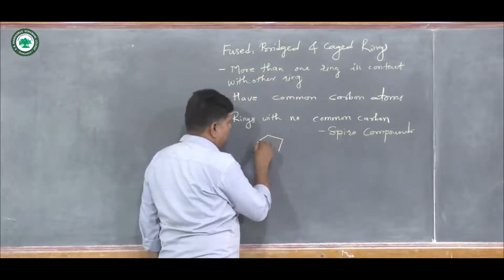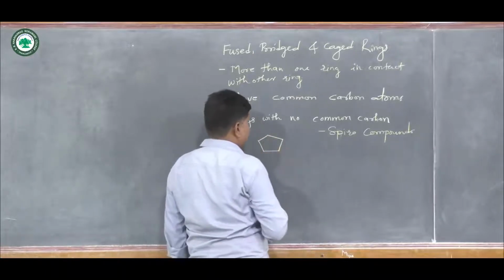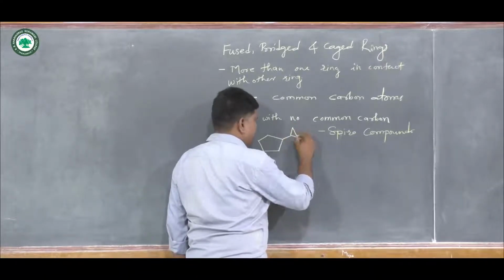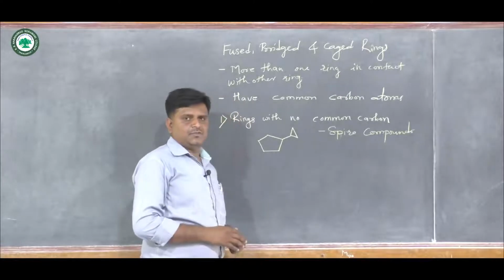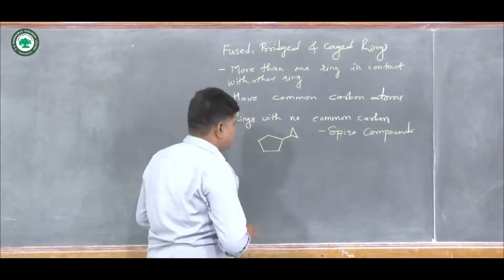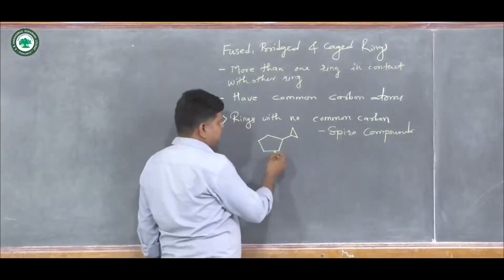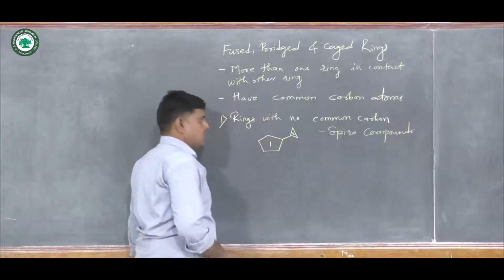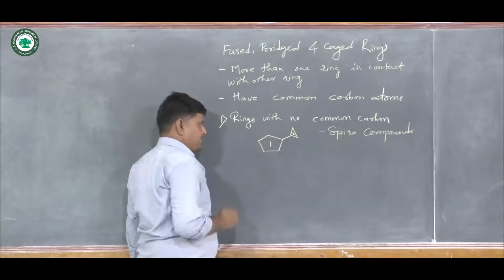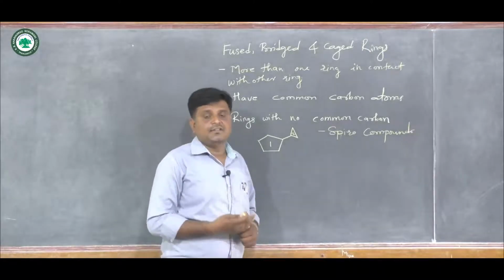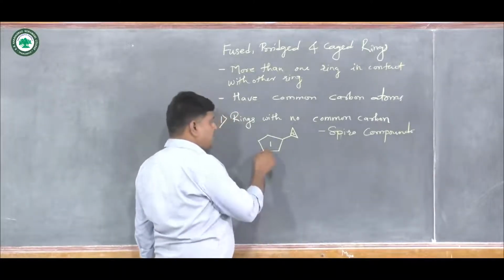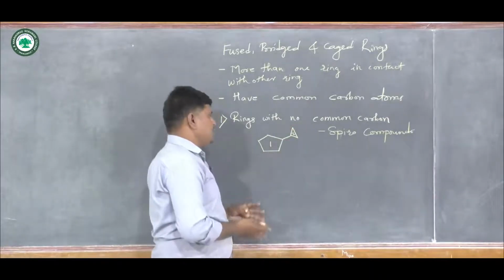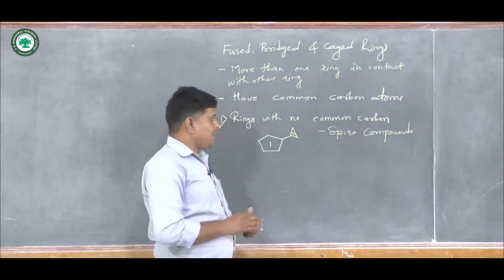Suppose we have a 5-membered ring attached to a 3-membered ring. When we try to write the name, this is the first ring and this is the second ring. This is bigger, having more members: a 5-membered ring and a 3-membered ring.